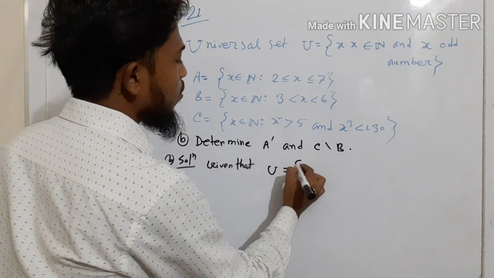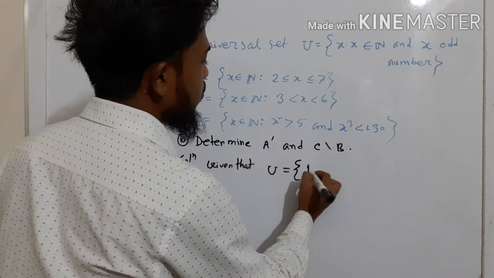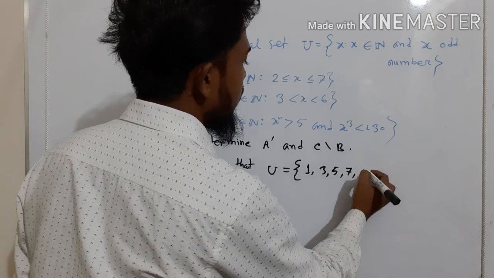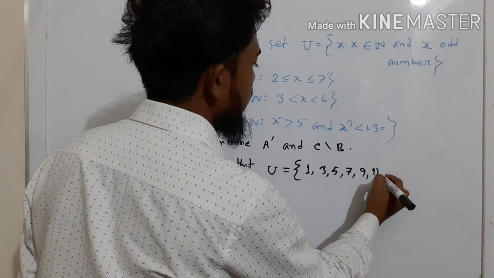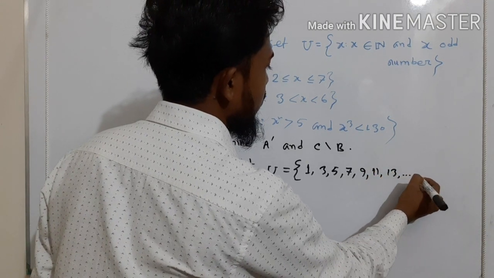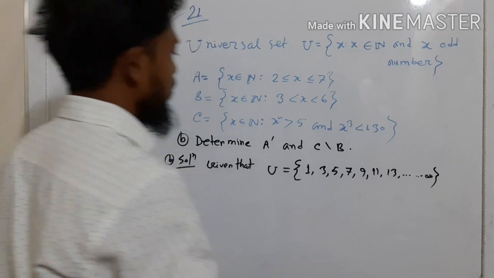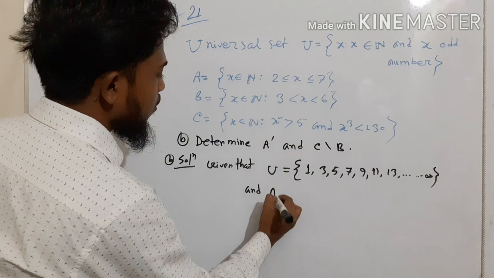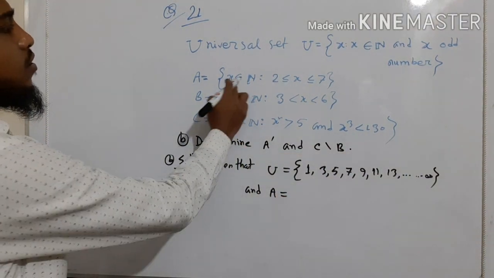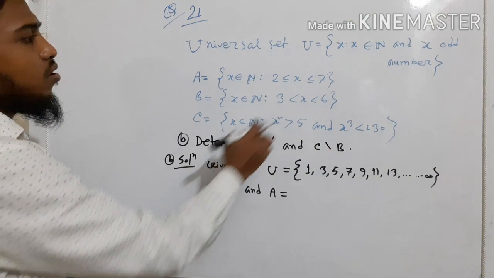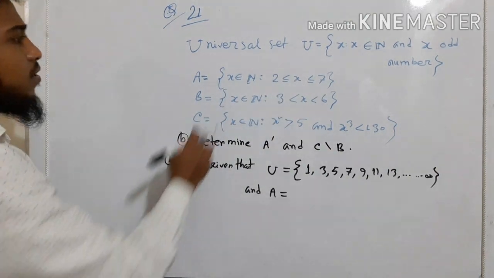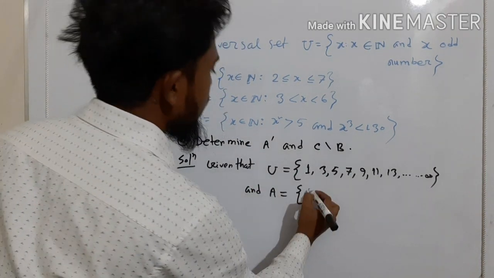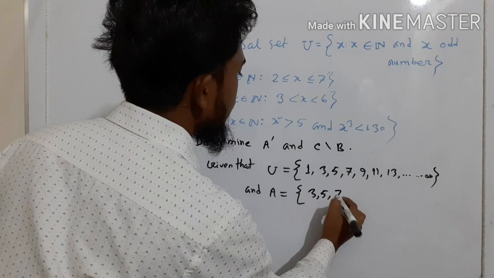So U equal to our odd natural numbers 1, 3, 5, 7, 9, 11, 13 dot dot infinity, and A equal to, we see that x is a natural number with x ≤ 7, and x is an odd natural number. So A equal to 3, 5, 7.